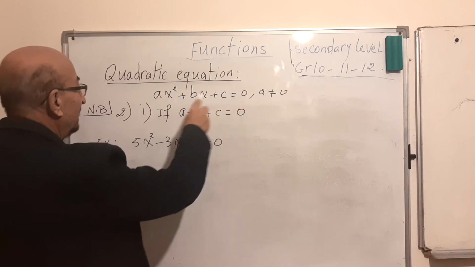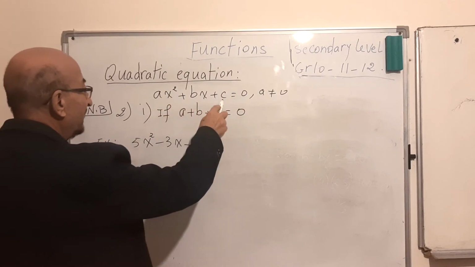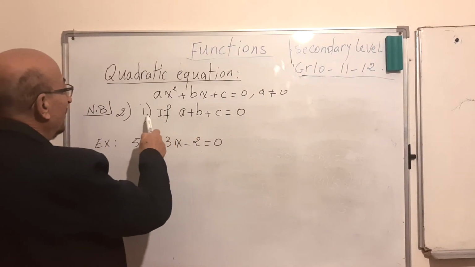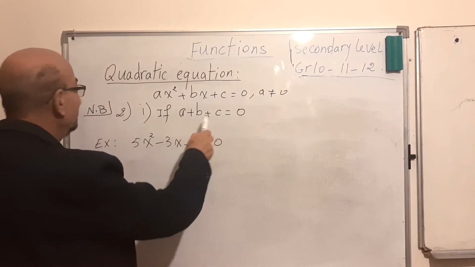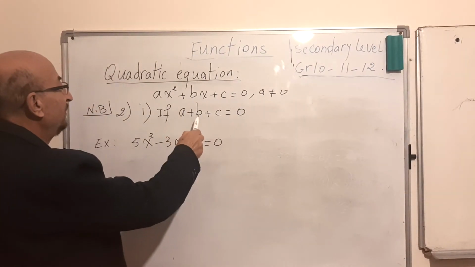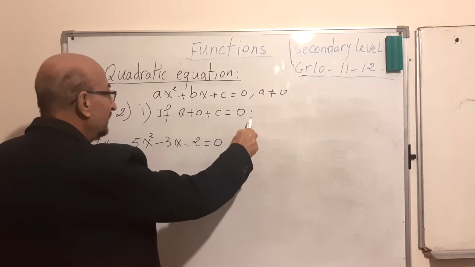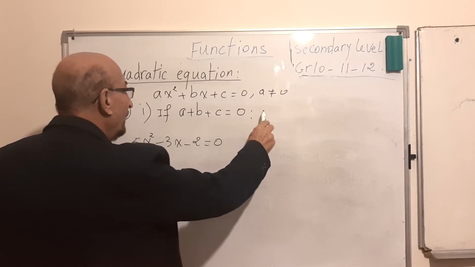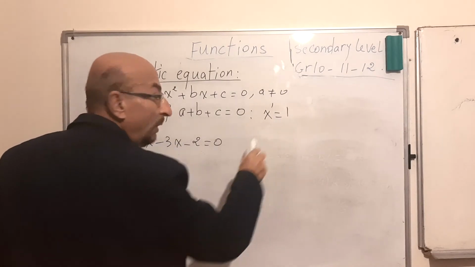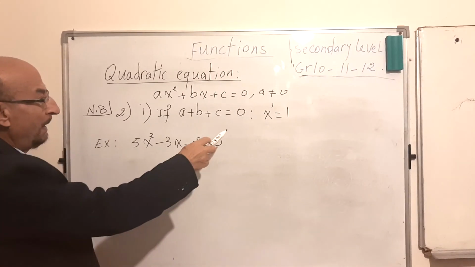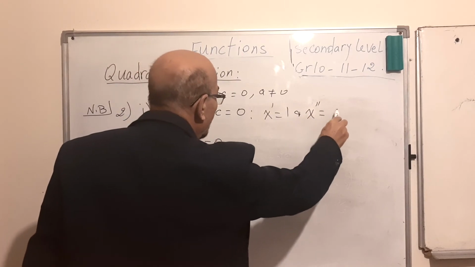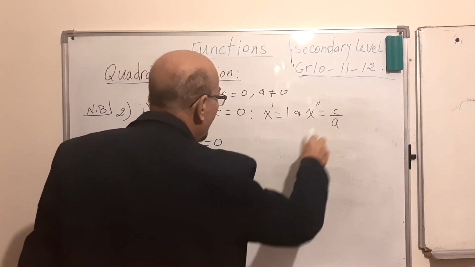For the quadratic equation ax2 plus bx plus c equals 0, if the sum of the coefficients a plus b plus c equals 0, then x prime equal 1 and x double prime equals c over a.